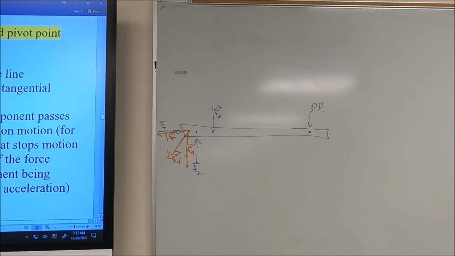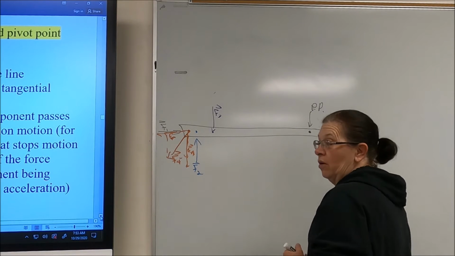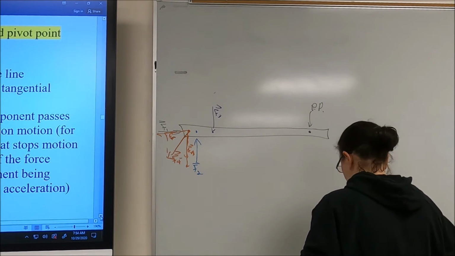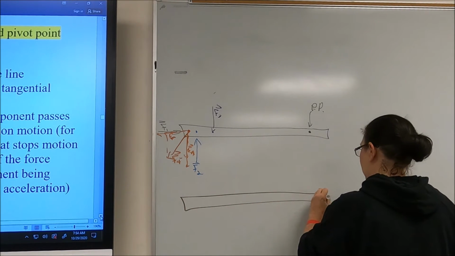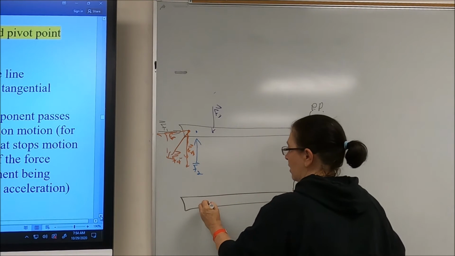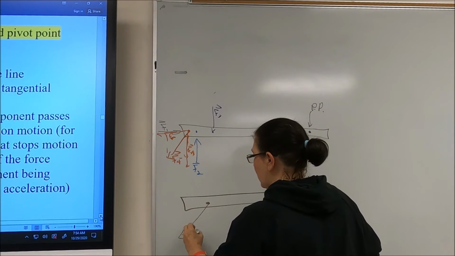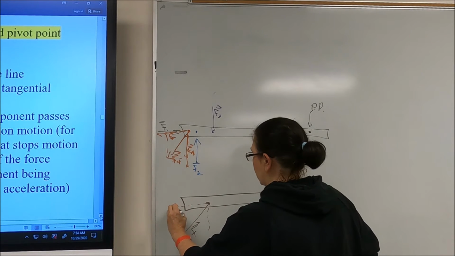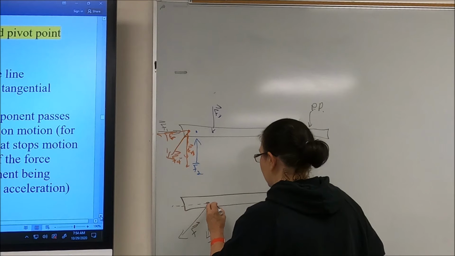So guys, this brings us back to thinking about our R-T-Z axes. Let me draw here. Let's put a pivot point here, our point of action here, and I'll draw a force here, F. This would be our T-axis.